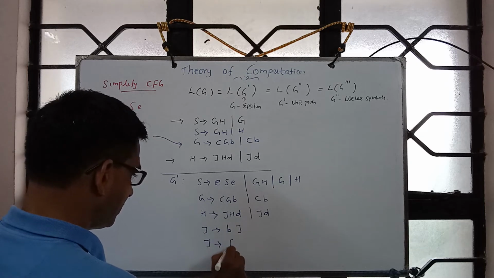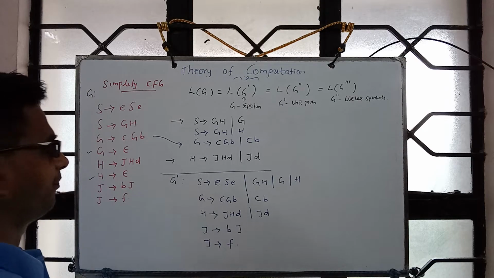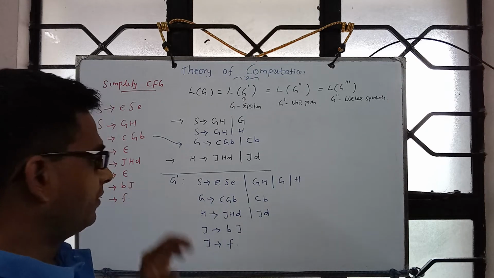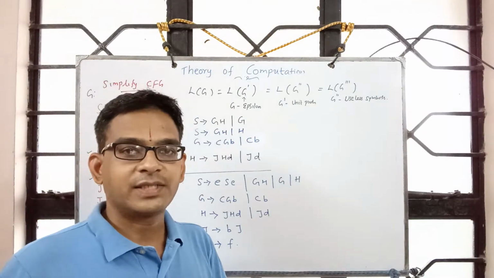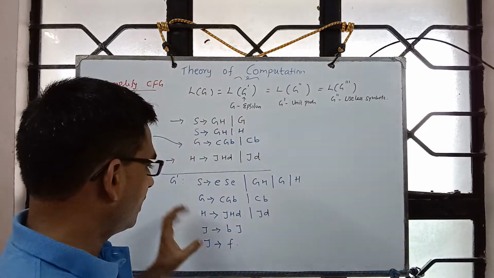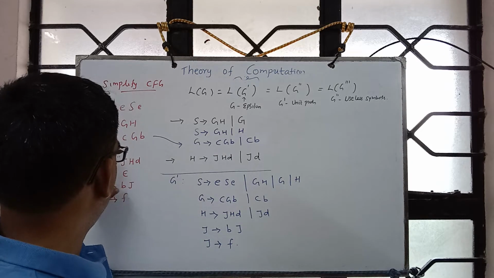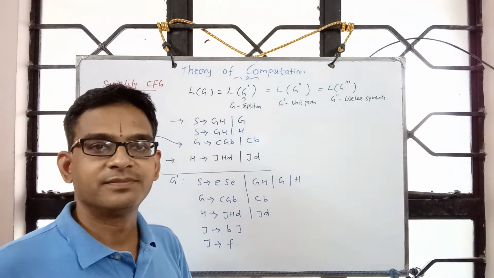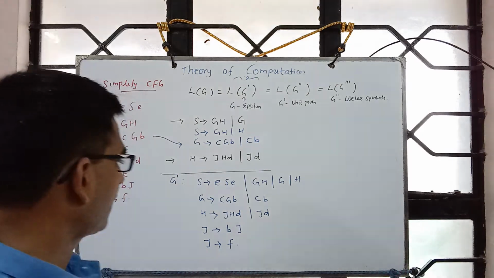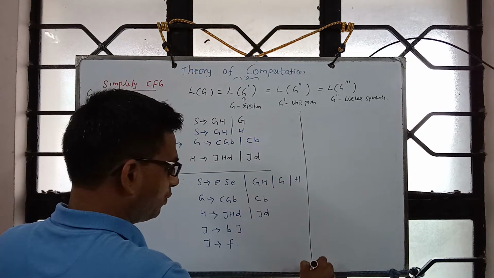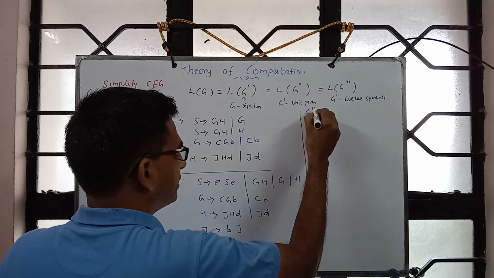J implies F. Okay, so this would be the first step, and this clearly says there is no epsilon, and this grammar is equivalent to G. Fine. Now let's go for the next one, wherein we remove the unit productions.